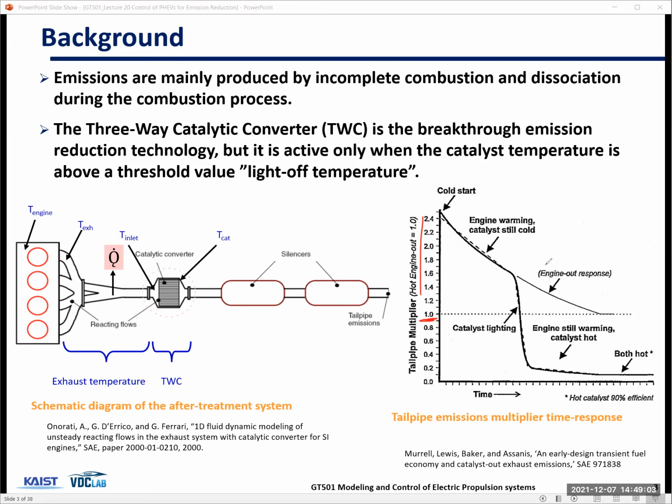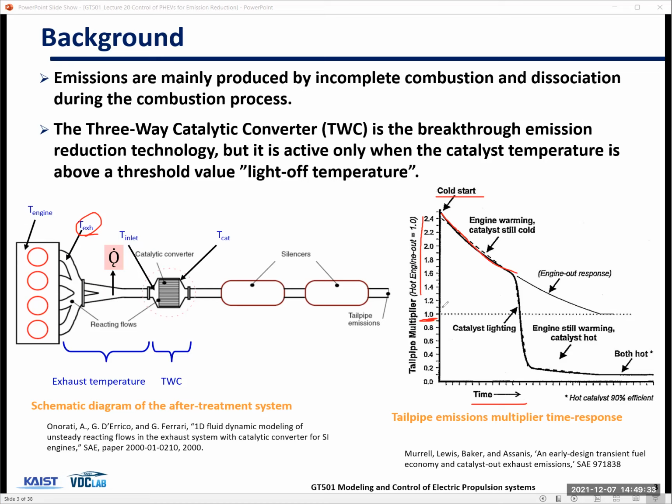And this can happen because when you start the engine in the morning, when everything is cold, the engine is also cold. And if you do a cold start, then the engine out emission will contain more harmful emissions. By the way, X is time.